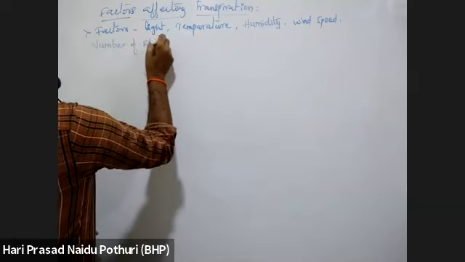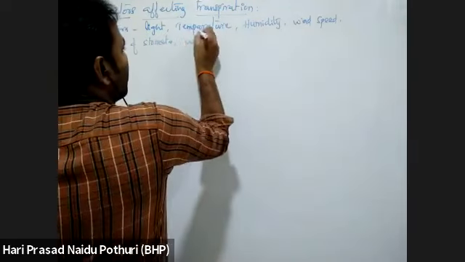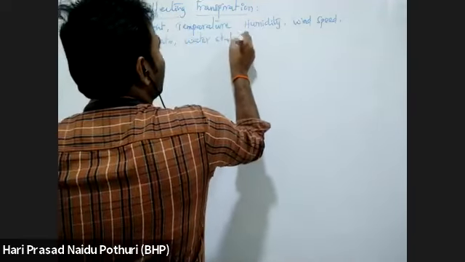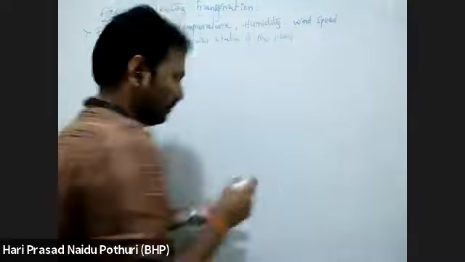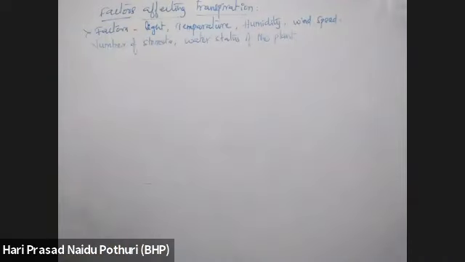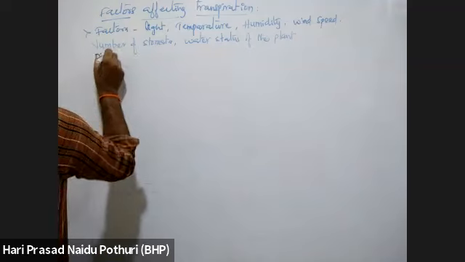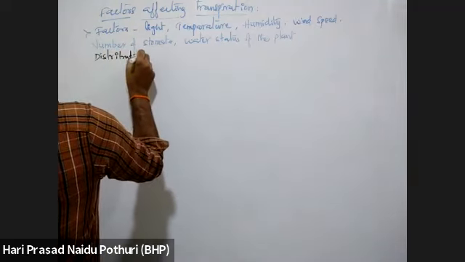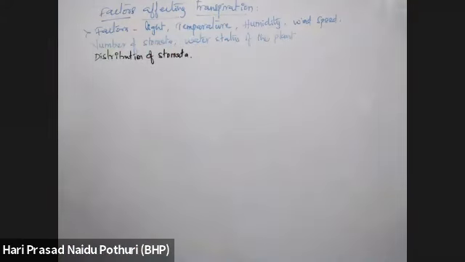Number of stomata, how many stomata are present on the leaf. Water status of the plant, and distribution of stomata. These are properties which can affect the rate of transpiration.